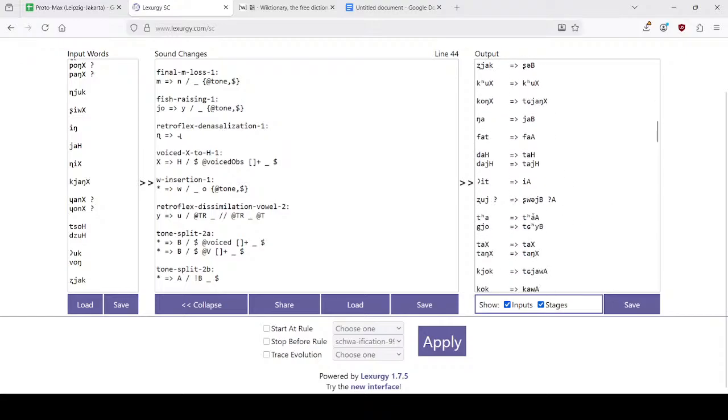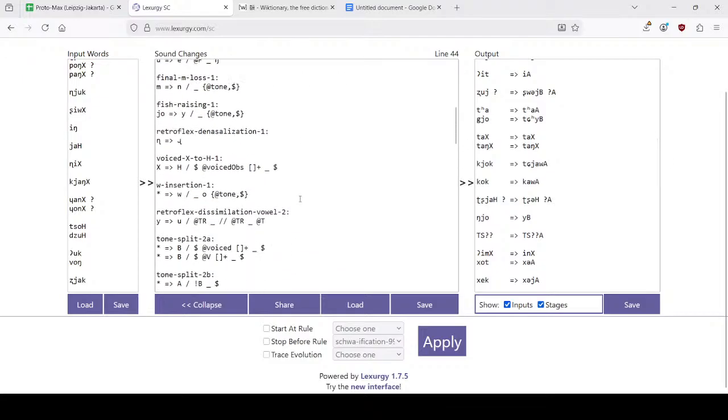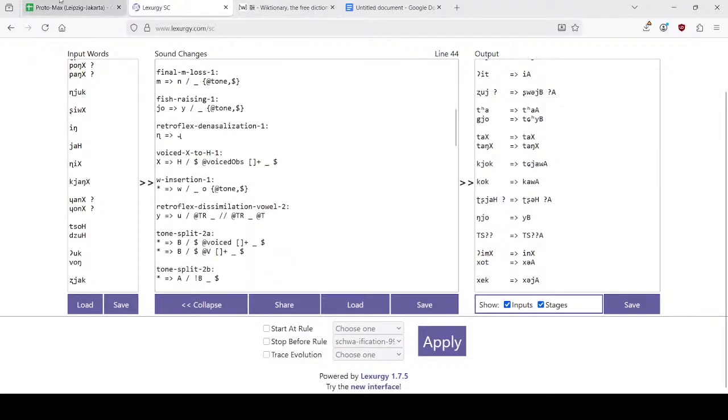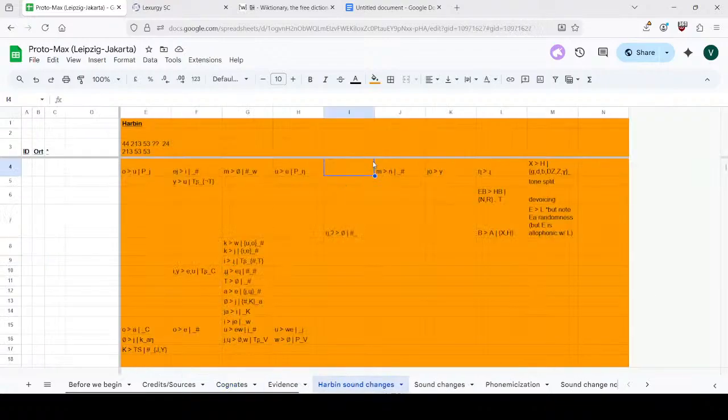And then I don't think I see any messed up things, so it can stay there. And that means we can put wa, or null to wa, before an open syllable.